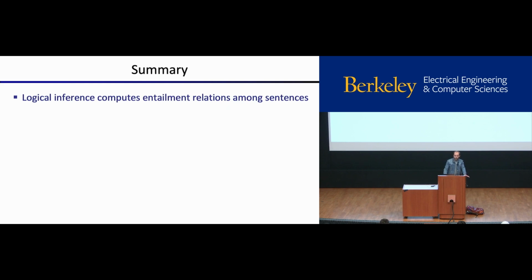Okay, so summary for propositional logic, and then we'll get on to first order logic. What we're in the business of when we're doing logical inference is computing entailment relations among sentences. So we have a sentence or a set of sentences, and we try to figure out, does that entail another sentence?